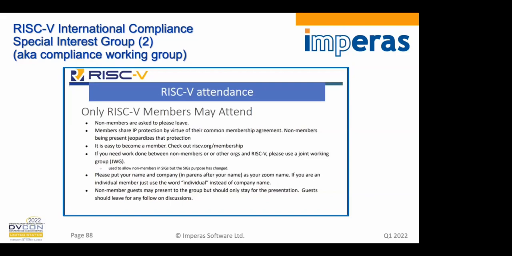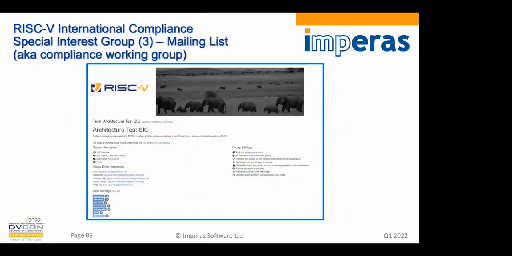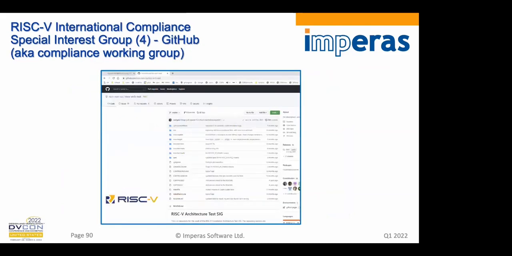You have to be a member of RISC-V International to join and participate in things like the working group. There is a mailing list to keep people up to date with about 100 and something members. It does have a GitHub, and you don't have to be a member to access the tests. You can download them from the GitHub there.